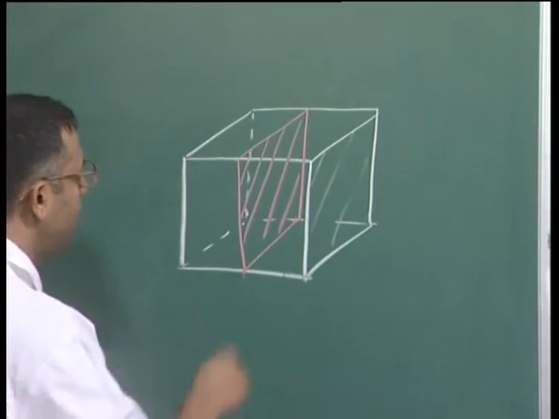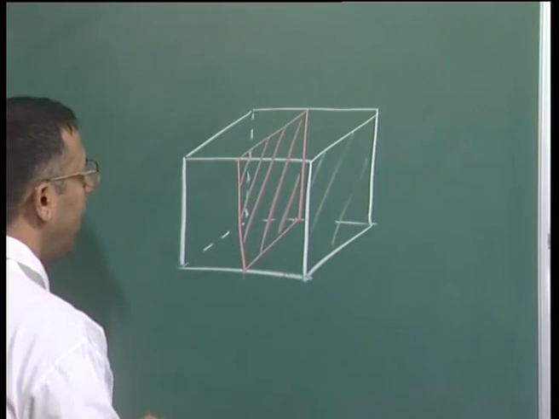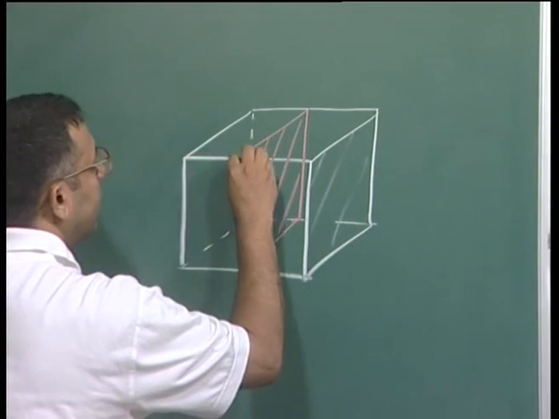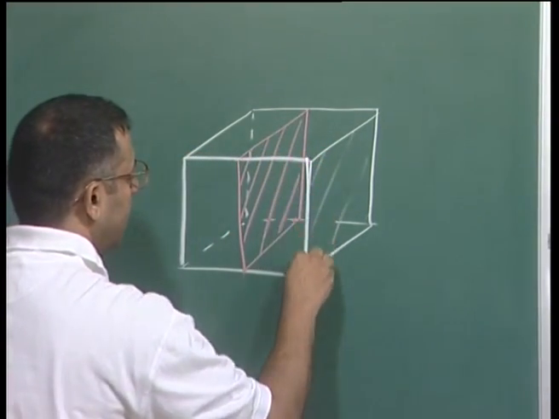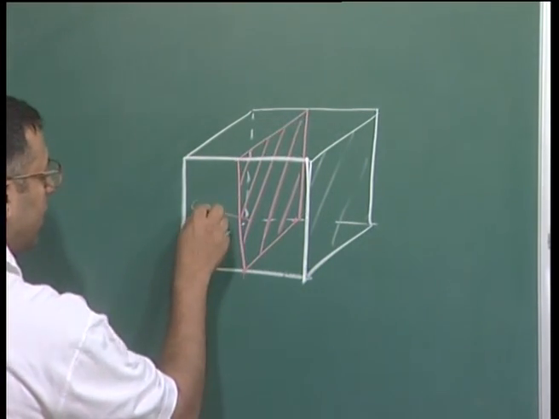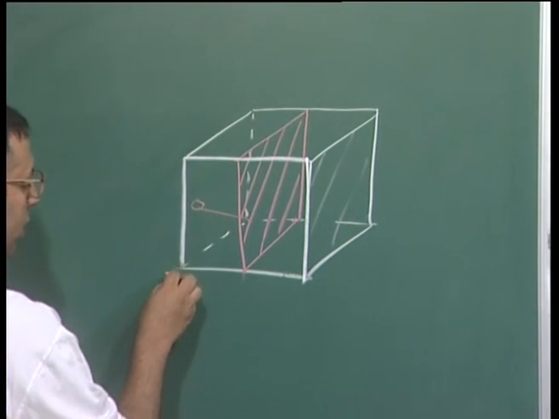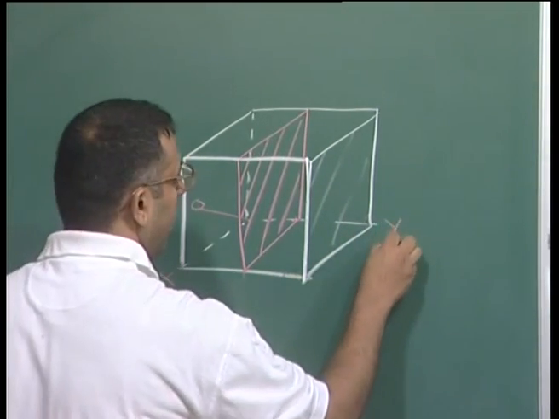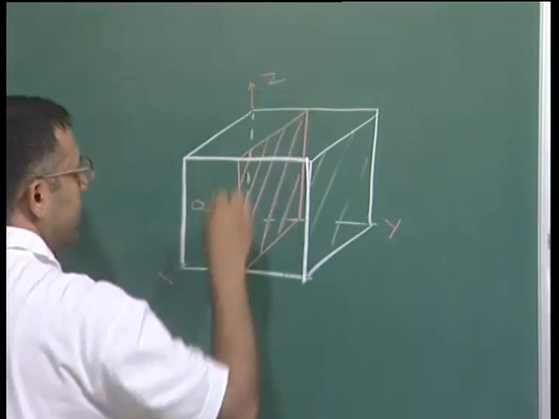And to make sure that this plane actually sits within the crystal, what I will have to do? I will have to draw the white line outside. So, in other words, if this were my origin, this point inside is my origin, and now my intercepts along, this is my x axis, this is my y axis, and this is my z axis.